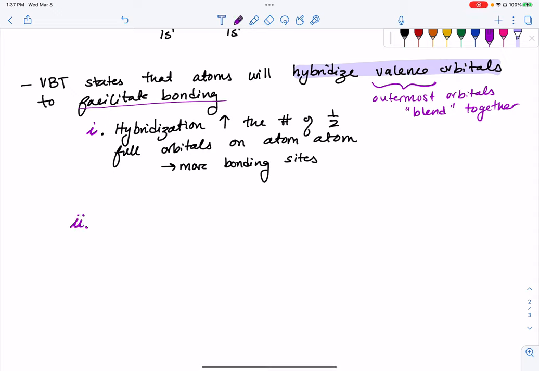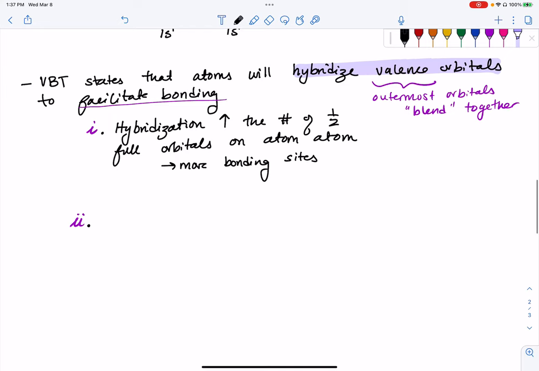But if we want a more technical answer as to why bonding is facilitated when atomic orbitals hybridize, or when an atom combines its valence orbitals together, it's simply something that comes from Aufbau.